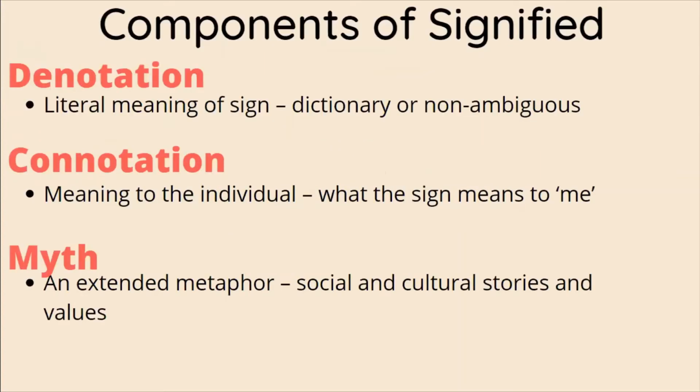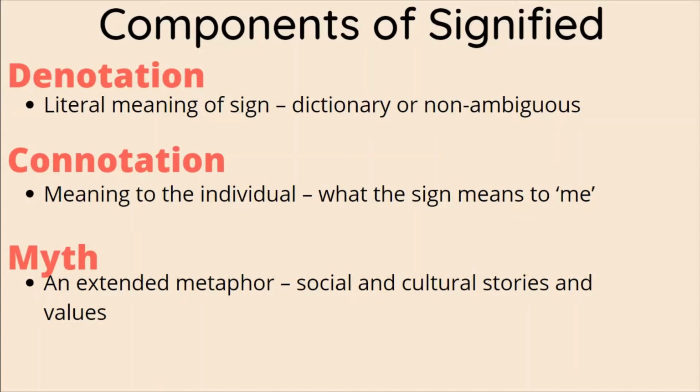So there are components of the signified, which is your interpretation. First, denotation, which is when you interpret the artwork based on its literal meaning of what you see, so dictionary or non-ambiguous.